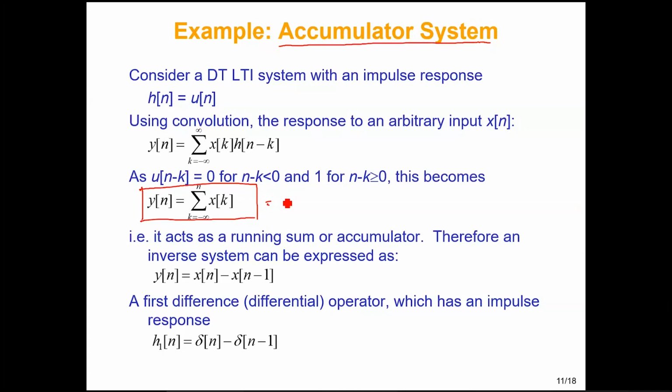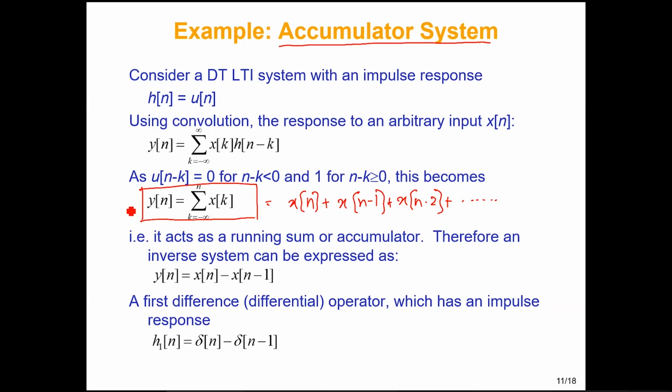If we just open this up, you will see that it ends up becoming x of n plus x of n minus 1 plus x of n minus 2 plus, and it goes on and on till infinity. It is accumulating all the inputs till present time.